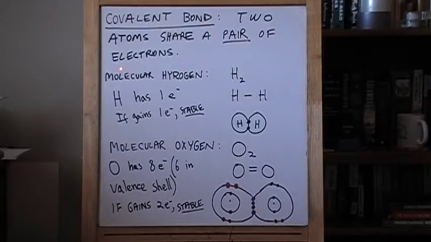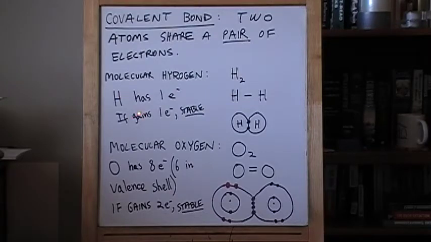So for example, hydrogen will tend to form molecules consisting of 2 hydrogen atoms. The 2 hydrogen atoms are bound by a covalent bond between them. So normally a single hydrogen atom has a single electron because hydrogen has 1 proton, so it has 1 electron to balance the charge of the 1 proton.